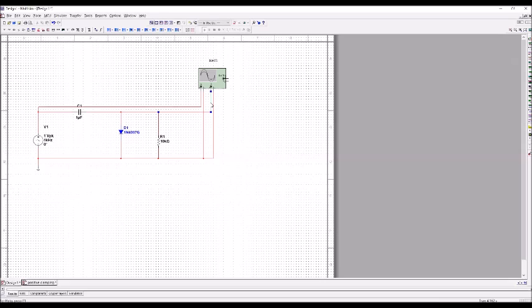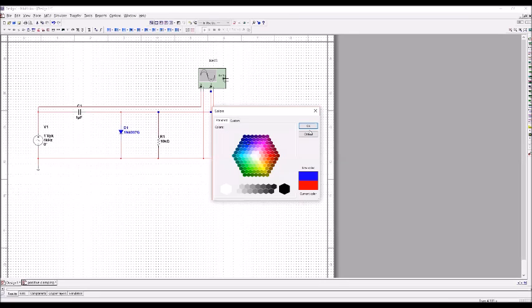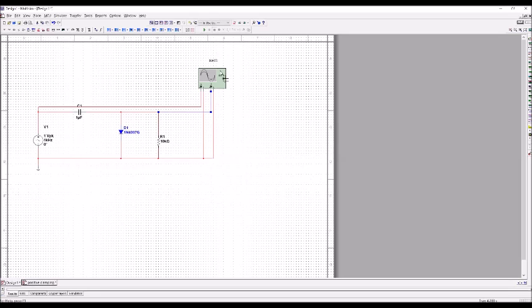And again, change the color of the segment. So now we should see that the diode, there should be clamping.